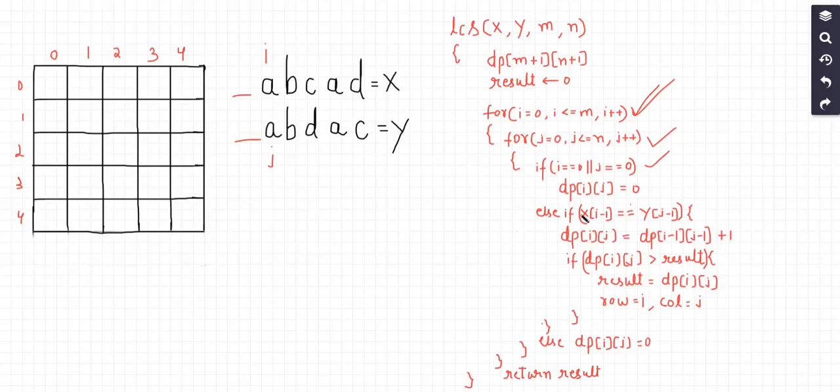Then the LCS for that string and any other string which j is pointing to, even if it is empty or non-empty, will always be 0, because the LCS for an empty string and a non-empty string is 0. So that's why if i is 0 or j is 0, it will be 0, and this will be true for all the columns and for all the rows.